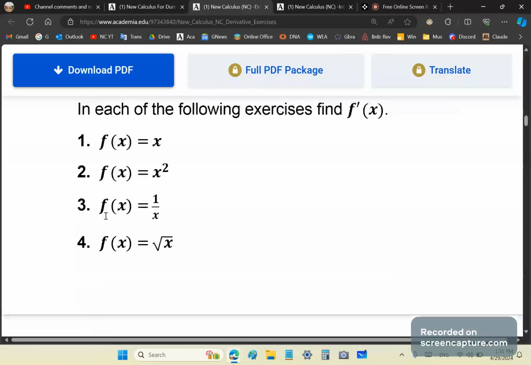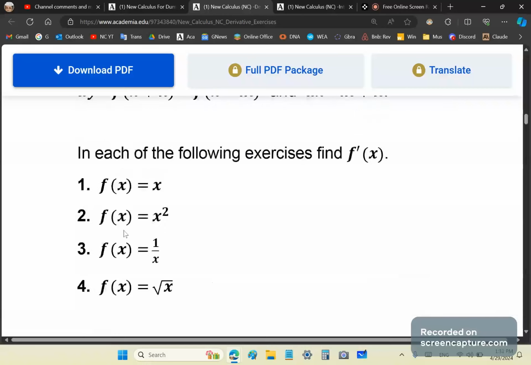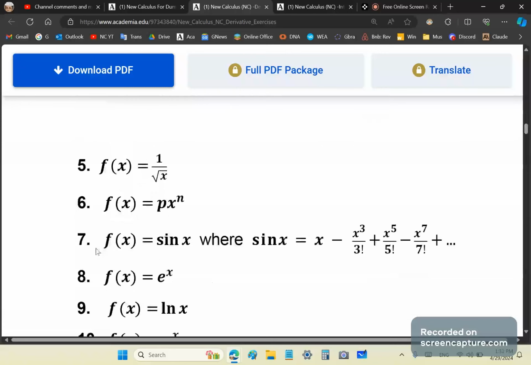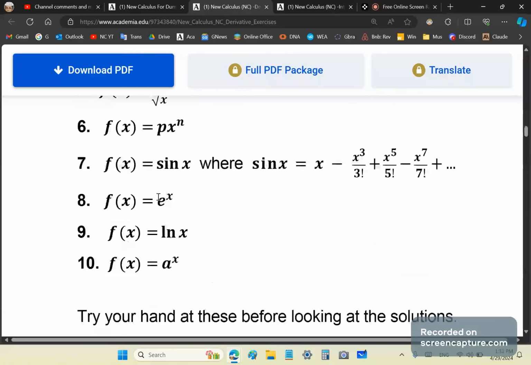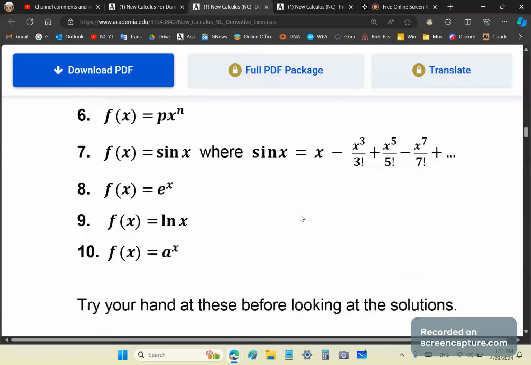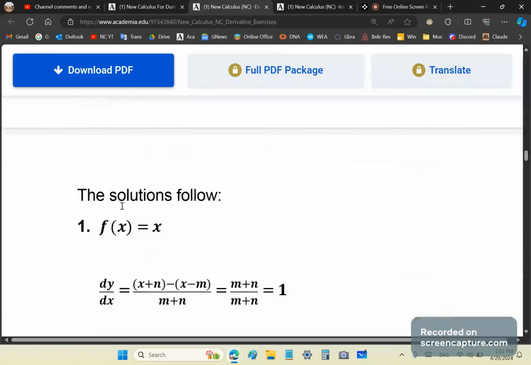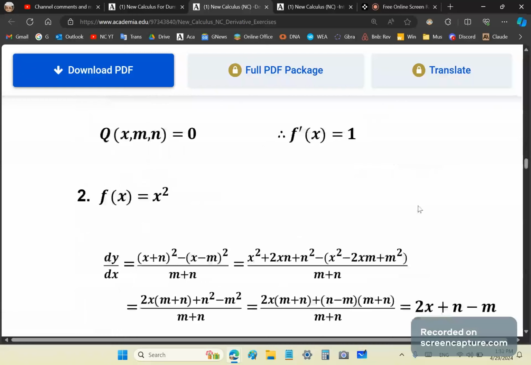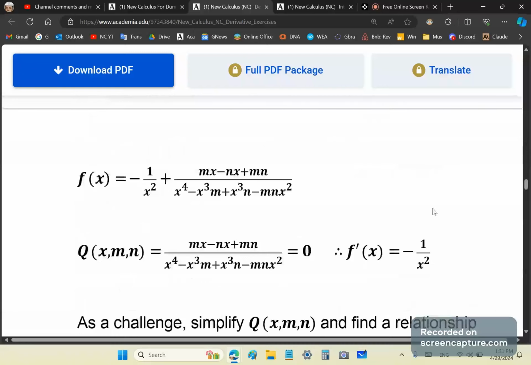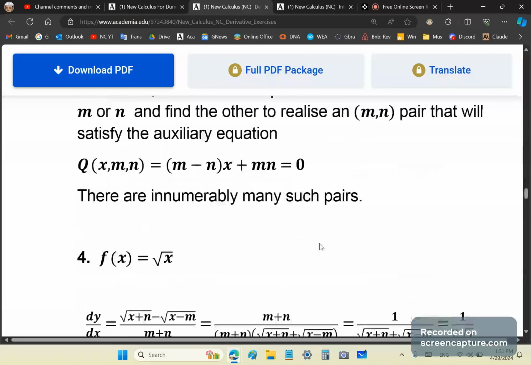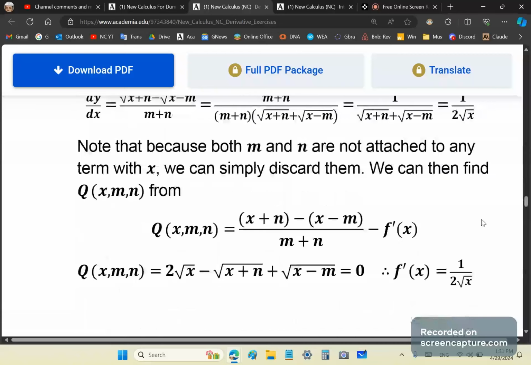So there's one of almost each. There's some trigonometric, some exponential, some logarithmic, etc. And then before you look at the solutions, try to do the problems yourself. Okay, so that's how you learn. It's when you try to do the problems before you look at the solutions.